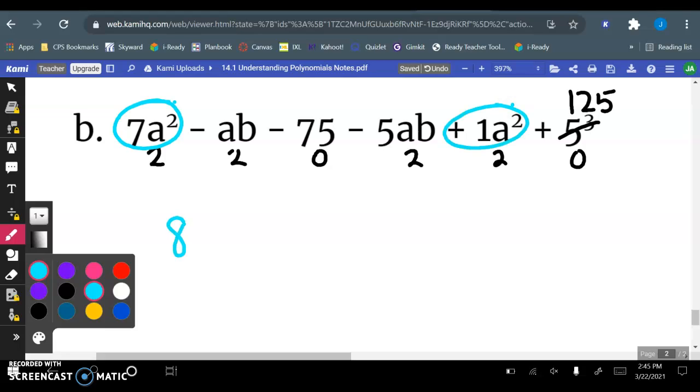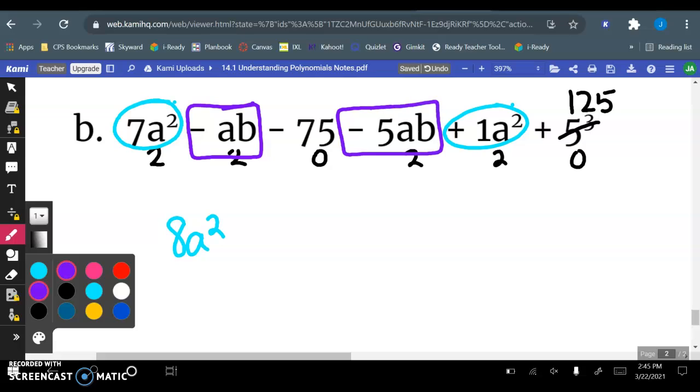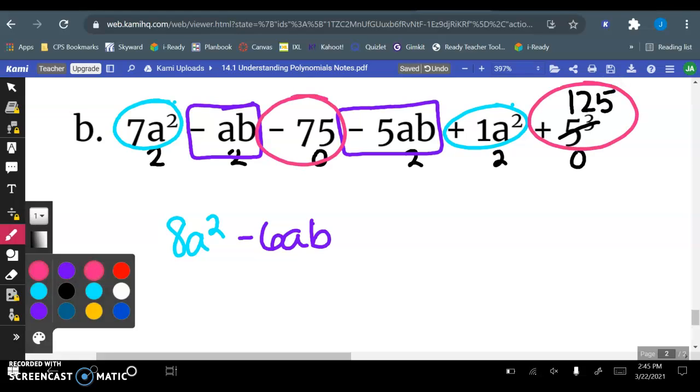That would make 8a squared. Then I have negative ab goes with negative 5ab. So that would make negative 6ab. And then last, I have a negative 75 and a positive 125. So that would leave me with a positive 50.